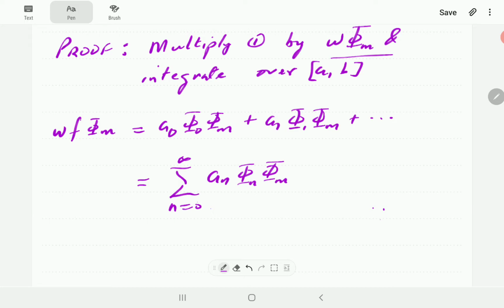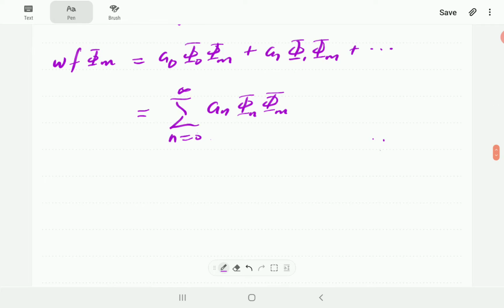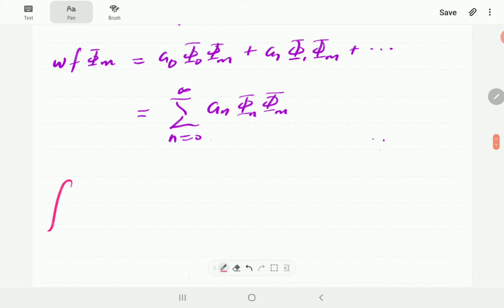And then after that we integrate from a to b. So when we integrate, this is what is going to happen. On the left hand side we are going to have w f times phi m dx. Now on the right hand side we're going to integrate each of these accordingly.